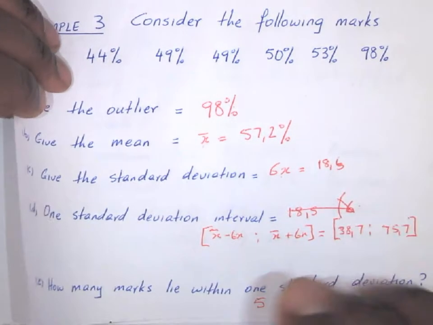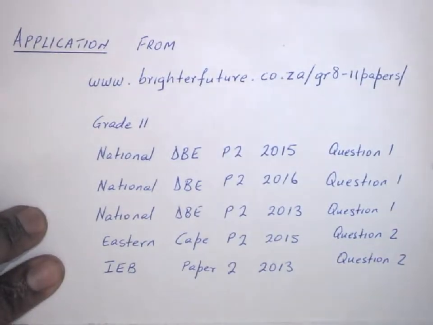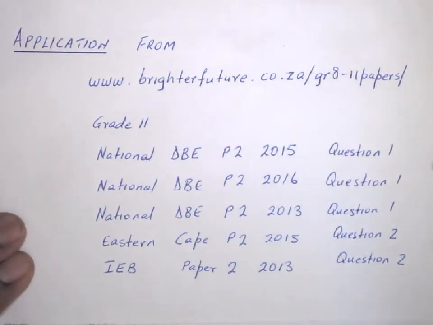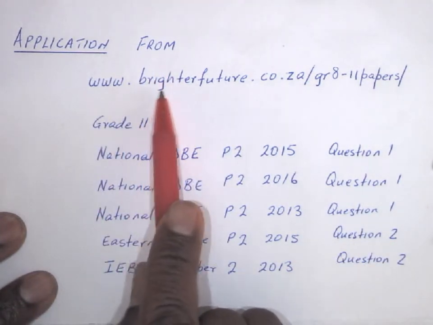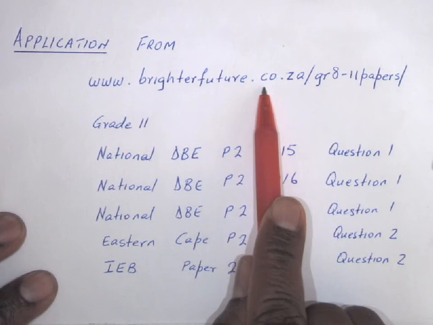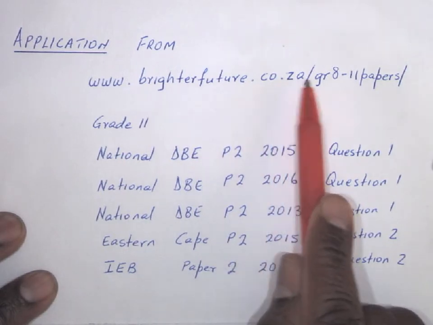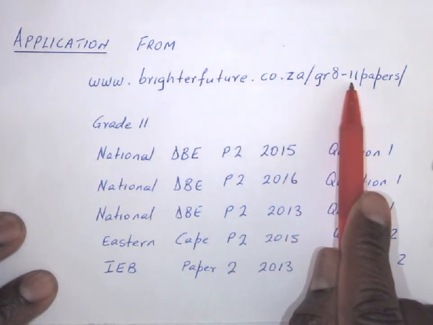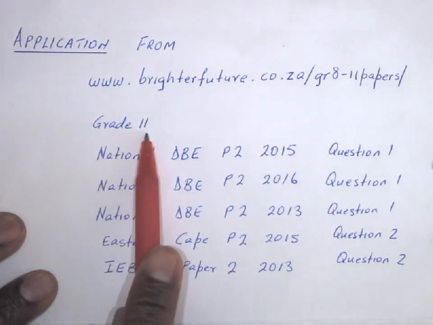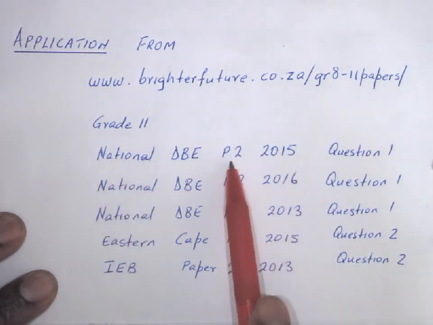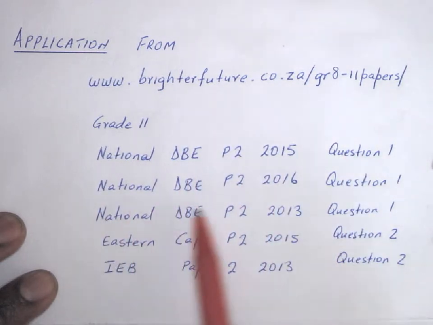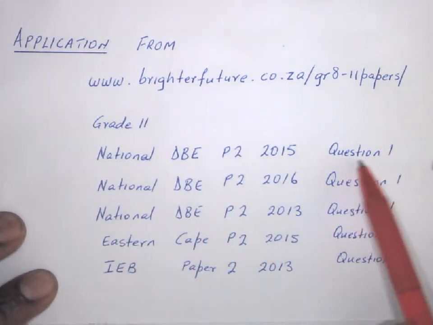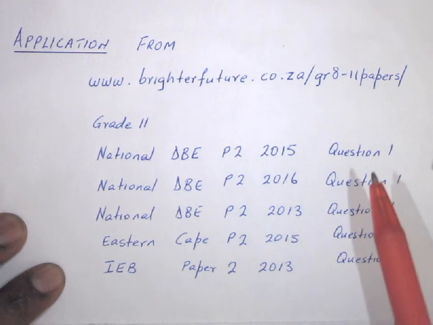This is just a revision of what you can expect in your exam. If you want to go over the exam questions, you can find them on the website brighterfuture.co.za, grade 8 to 11 papers, under grade 11. If you do paper 2, the national papers, you see the question ones are the same.